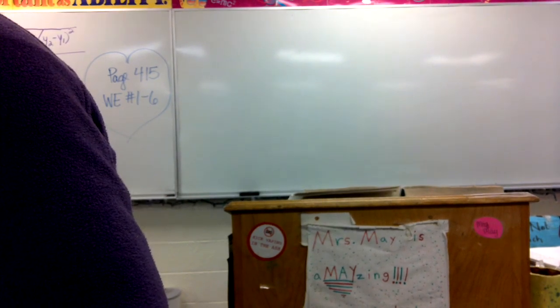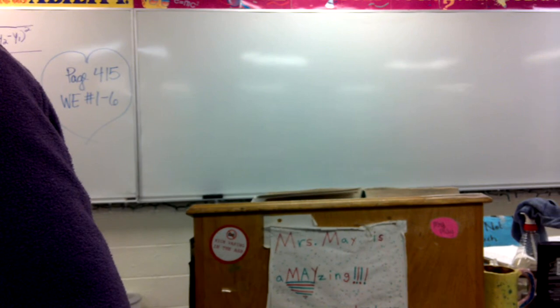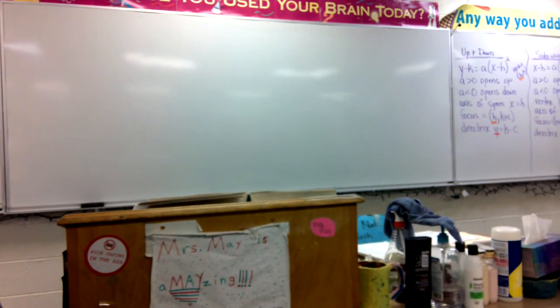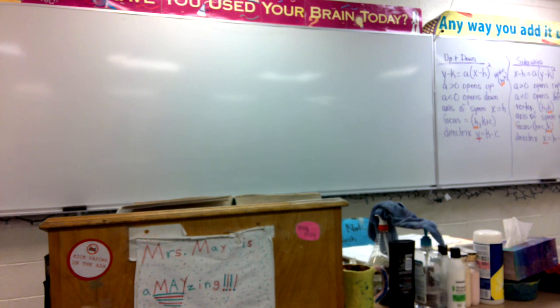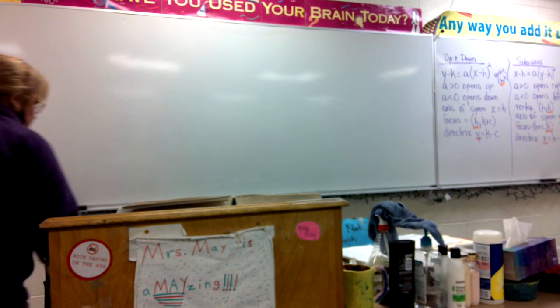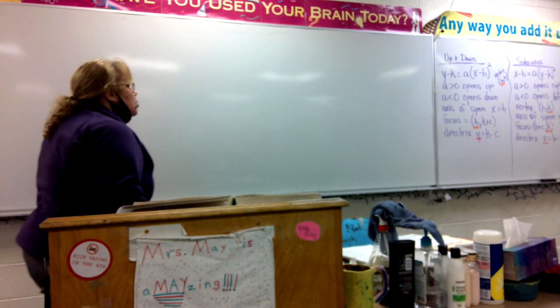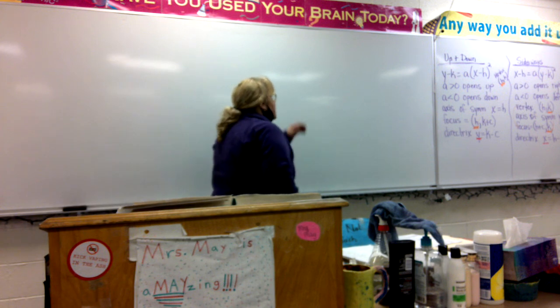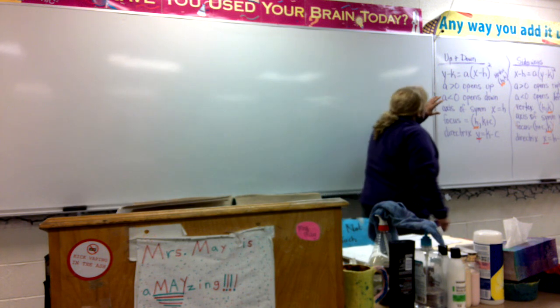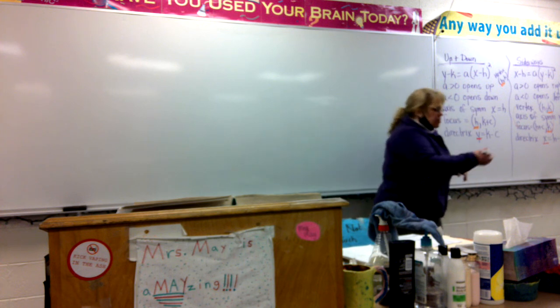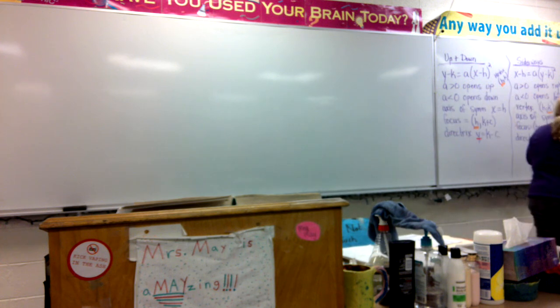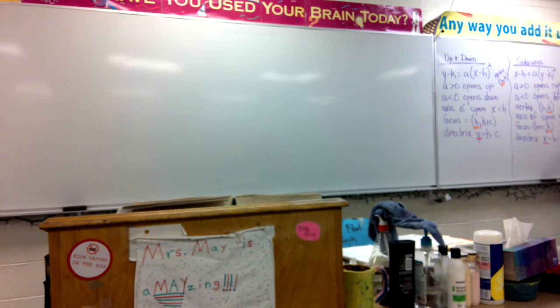So you have your sheet out with the sideways and the up and down, and we're going to spend a couple of days on both of these. I don't know if you remember or not, but the vertex is this point, the lowest point, the highest point.